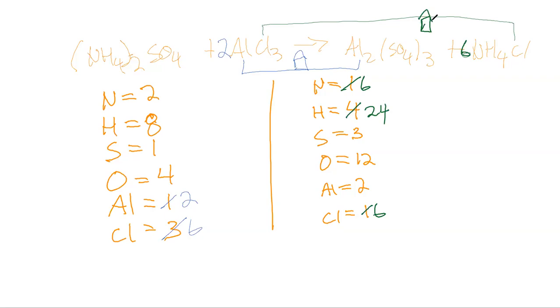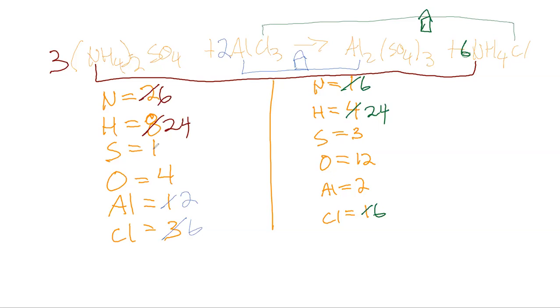I could then possibly look at doing my nitrogens next. In this case, I would need a 3 in front of this, because that's going to change that nitrogen to be 6. That also changes my hydrogen to be 24, my sulfur to be 3, my oxygen to be 12.